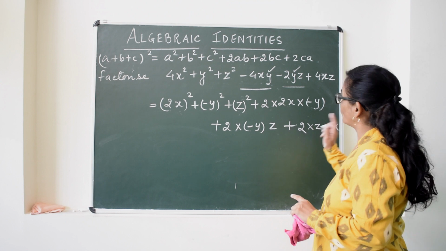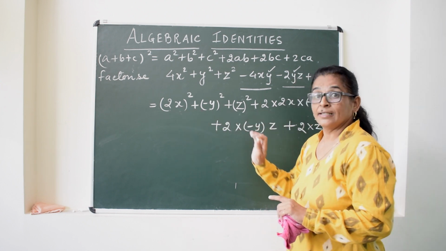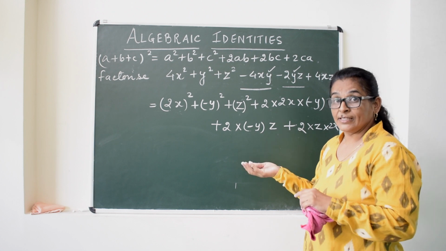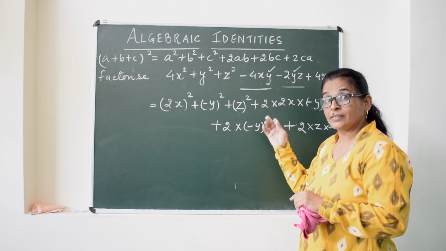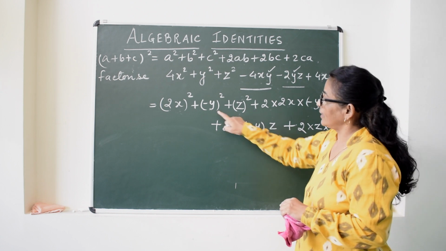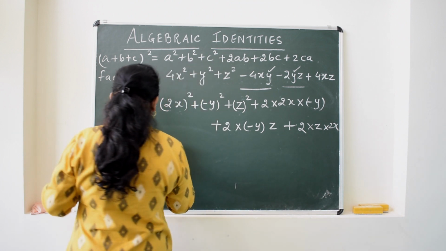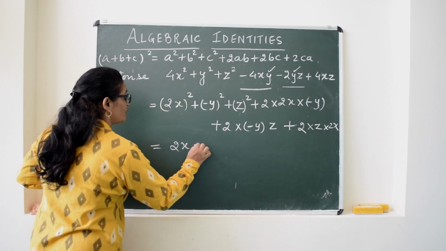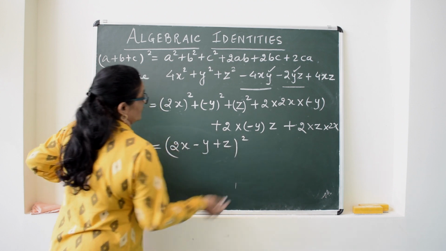So ultimately what have we observed? This whole expansion, the factorization is in which form? A minus b plus c the whole square. Why a minus b? Because the second term is negative. So now we can write this as 2x minus y plus z the whole square.